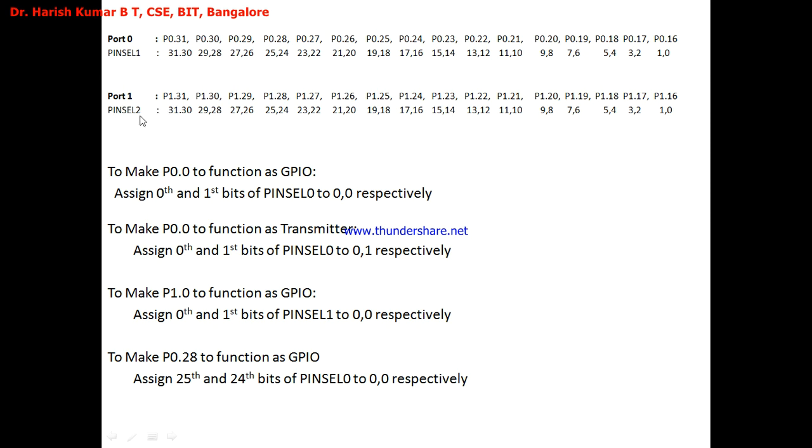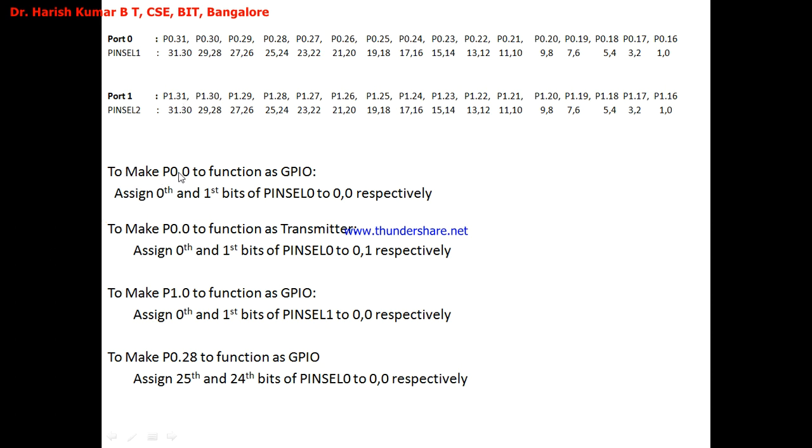PINSEL 0 is for defining the function of the lower pins of port 0, and PINSEL 1 is used for defining the function of the higher port pins of port 0. And similarly PINSEL 2 is used for defining the functions of the port pins from port 1, that is 1.16 to 1.31. I have an example here.